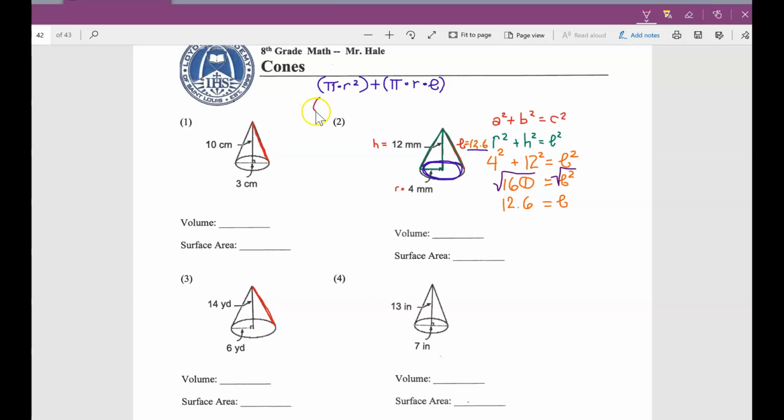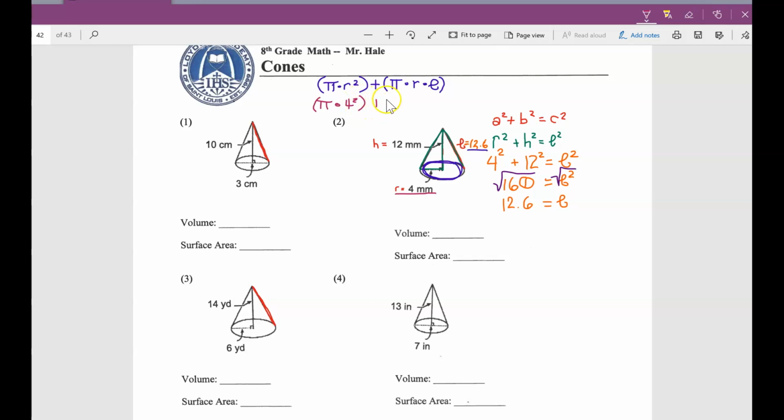So pi is just pi times radius squared. Oops, I started writing down an r. What I should be writing down, because we know our radius is 4, squared.